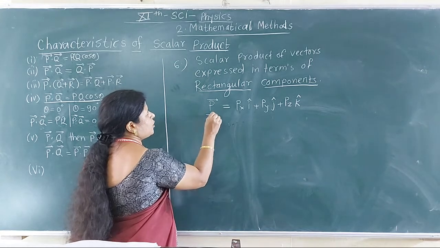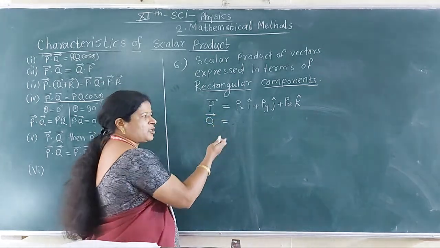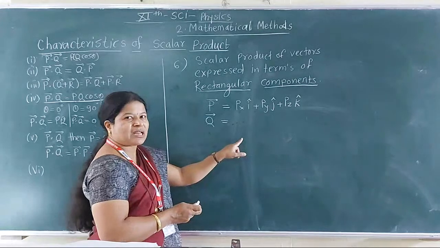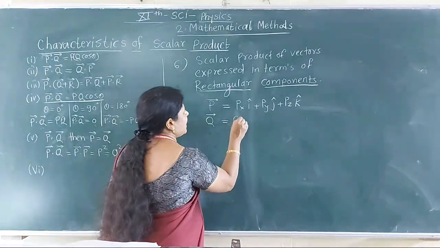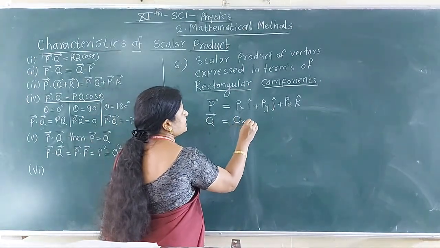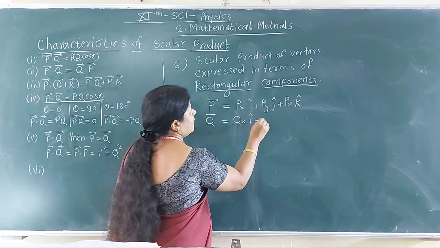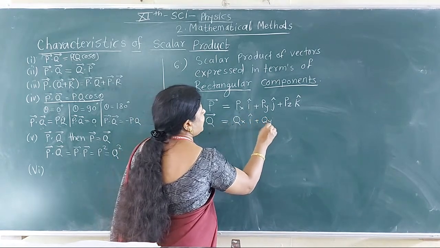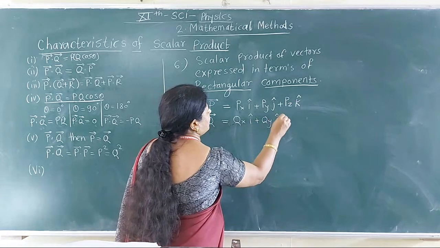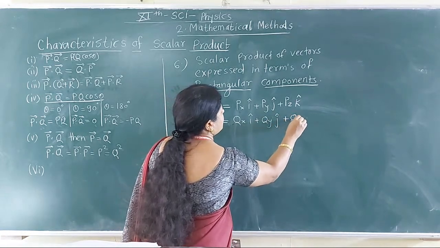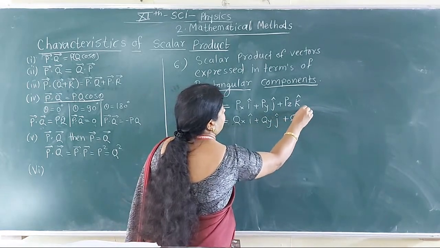And vector Q in rectangular components we can write as Qx i cap plus Qy j cap plus Qz k cap.